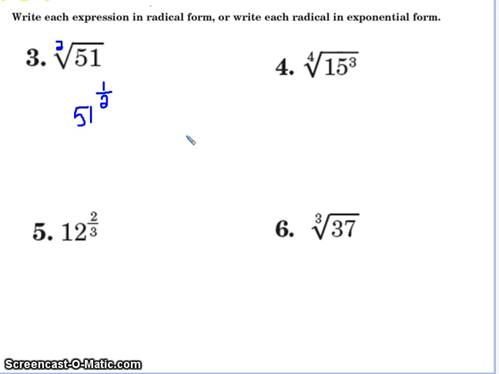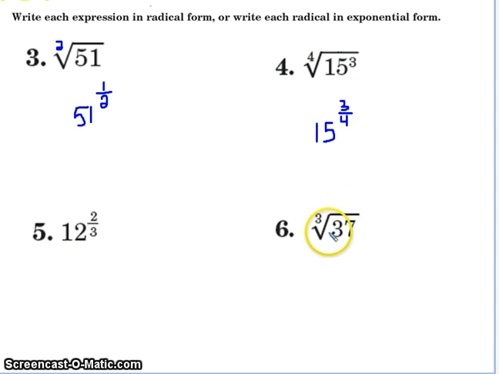Looking at number 4, we do have a 15 cubed underneath the radical, so that cube is going to be our numerator, and the 4, which is our root, is going to be our denominator. I'm going to skip to number 6 while we're on a roll.